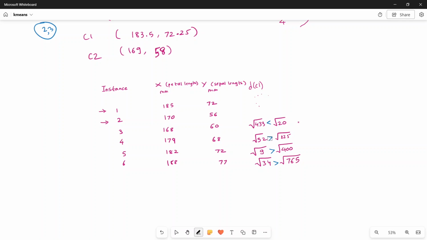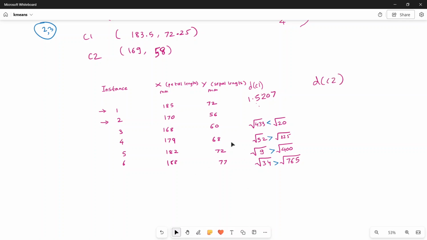So 185, okay, so the distance of point 1 from C1 will be the square root of (183.5 minus 185) squared plus (72.25 minus 72) squared. Calculate this, this will come out to be 1.5207.